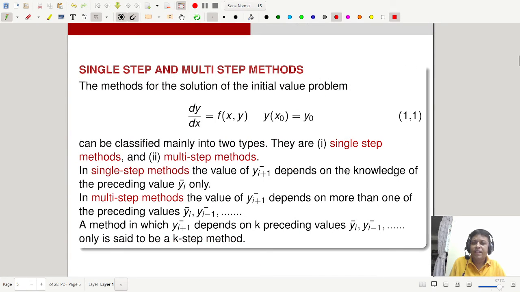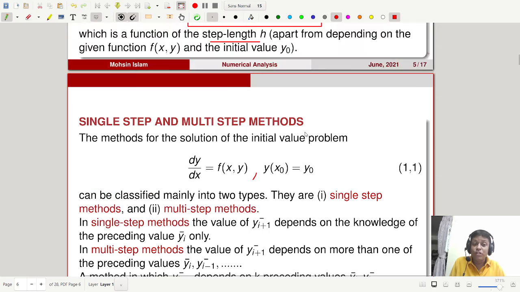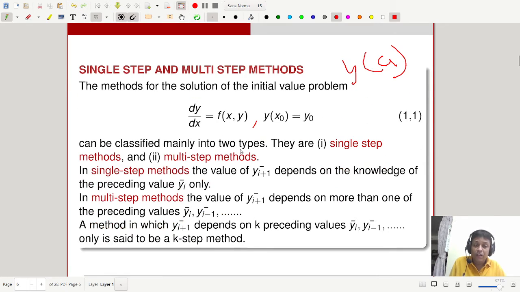Okay, next come to another important concept: single step and multi-step methods. The methods for the solution of the initial value problem, that is, we are talking about this type of problem: y(x0) = y0. That means at x = x0, the value of y is y0.